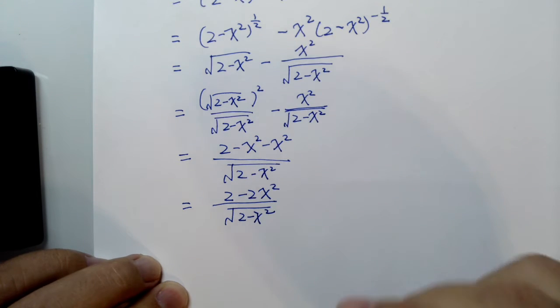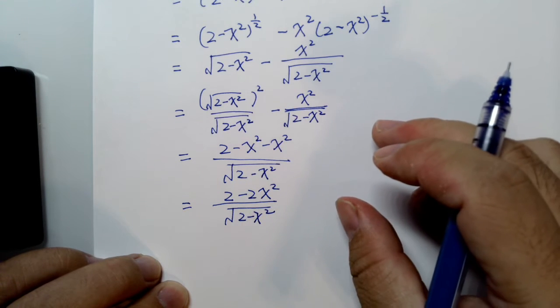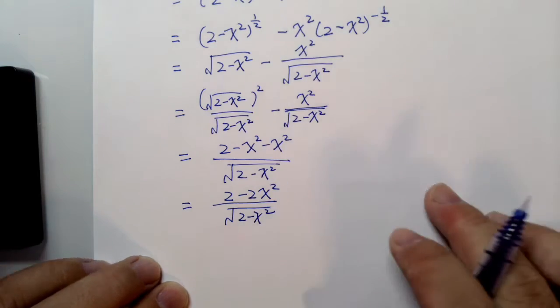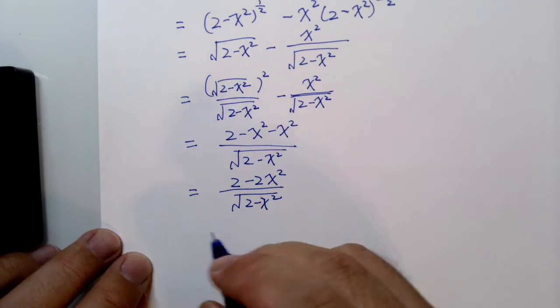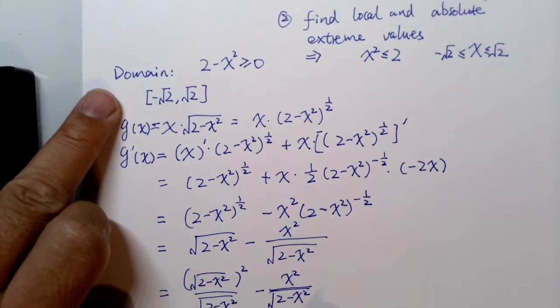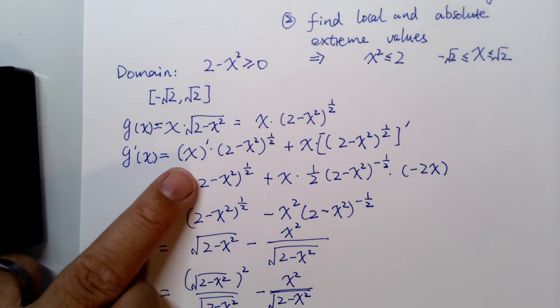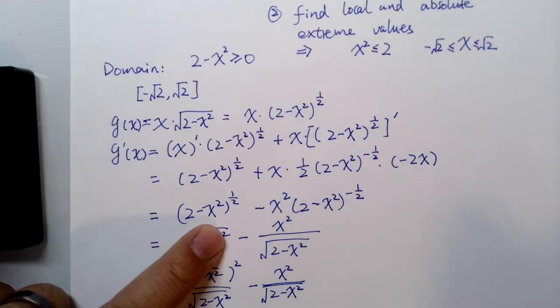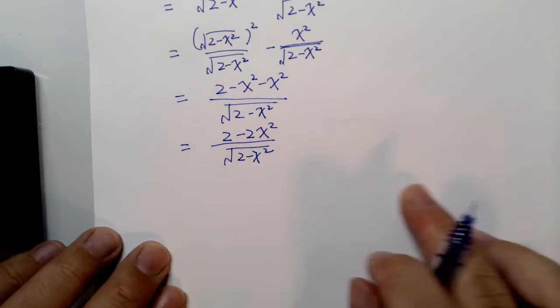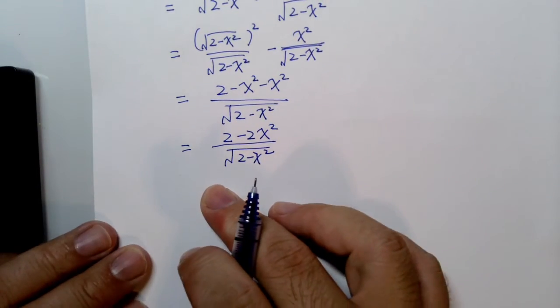Okay, and now let's figure out what the critical points are. First, remember, step 1, find the domain. Step 2, find the derivative. We applied the product rule and the chain rule, and also needed a little bit of algebraic operation. This is what we get.